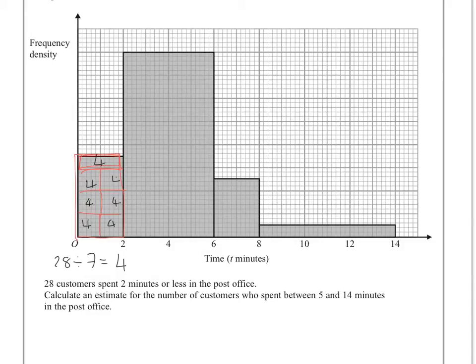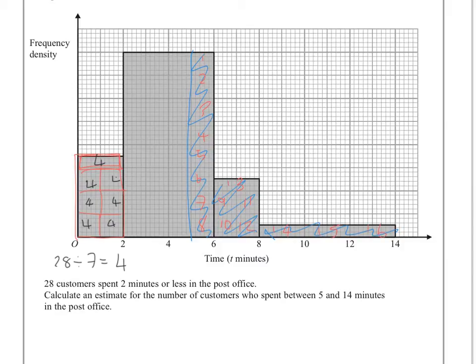Now, if I want to estimate the number of customers who spent between 5 and 14, well, we want to work out this area here, plus this area, plus all of this area. In total, I have got 1, 2, 3, 4, 5, 6, 7, 12 whole squares, 2 halves, so that makes another whole. 13 whole squares, another 2 halves, 14, another 2 halves, say 15, another 2 halves.